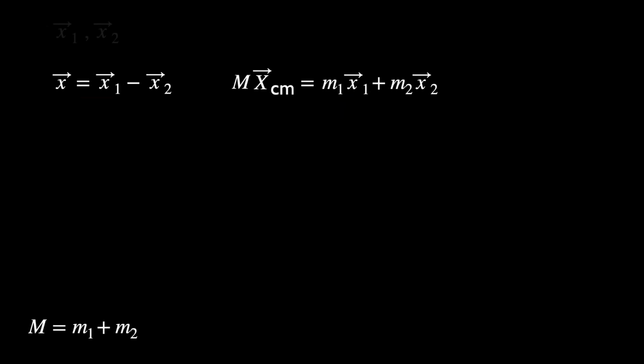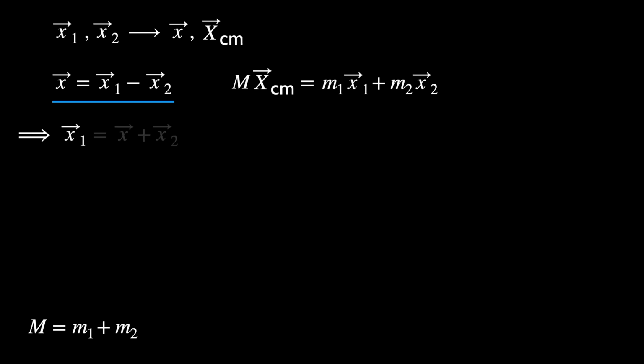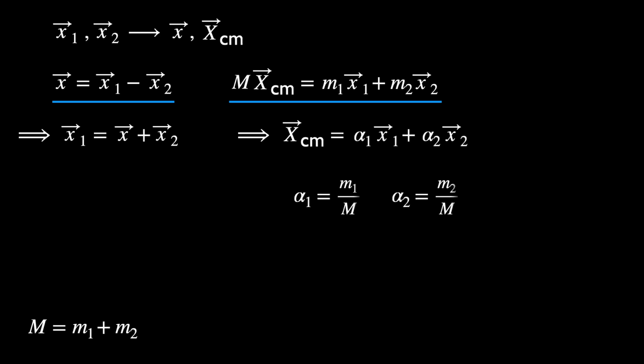Let's change variables from x1 and x2 to x and x_cm. We denote the mass ratios by the alphas.